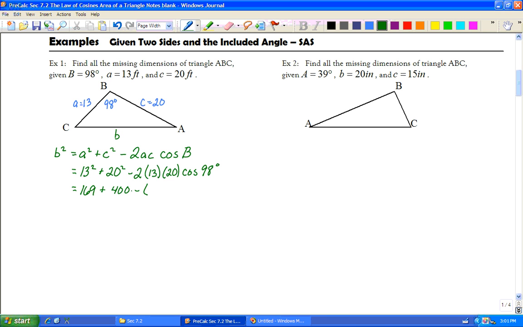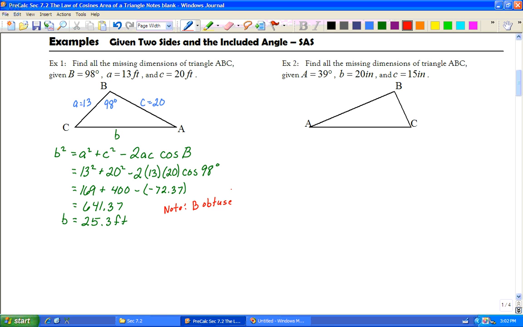So we ended up with subtracting a negative 72.37. So we get 641.37, and then we have to take the square root to just get b. So we end up with 25.3 feet. I just want you to take note that angle B is obtuse.